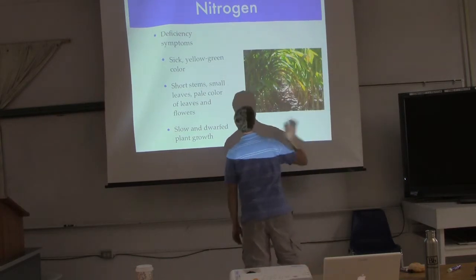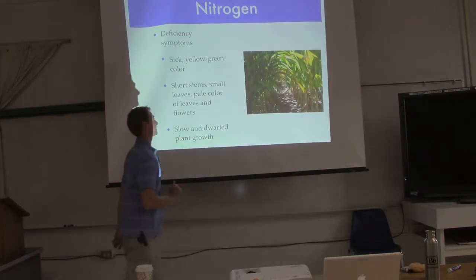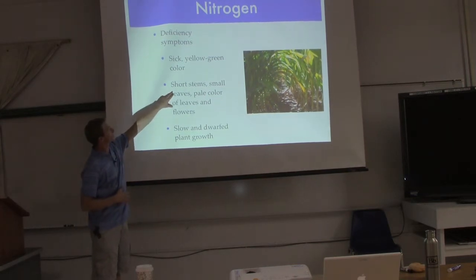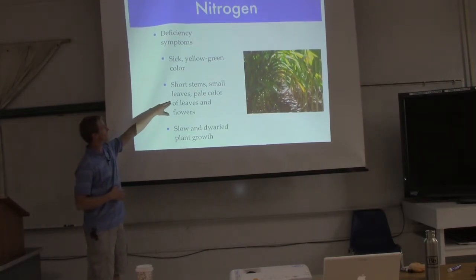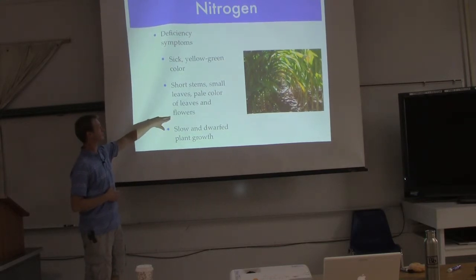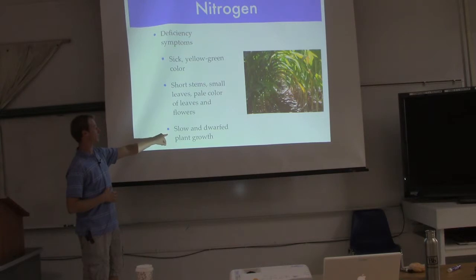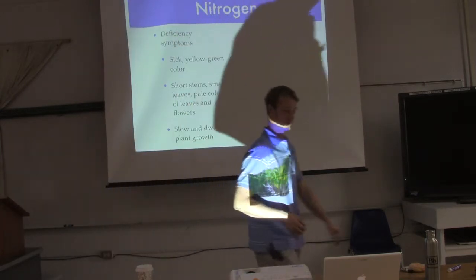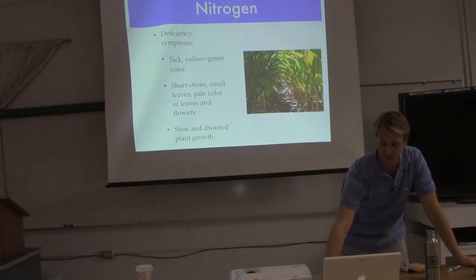This side we have ones that do have a deficiency. See the difference? Shorter stems, smaller leaves, pale color of the leaves and the flowers. Slow and dwarfed plant growth. Got that?